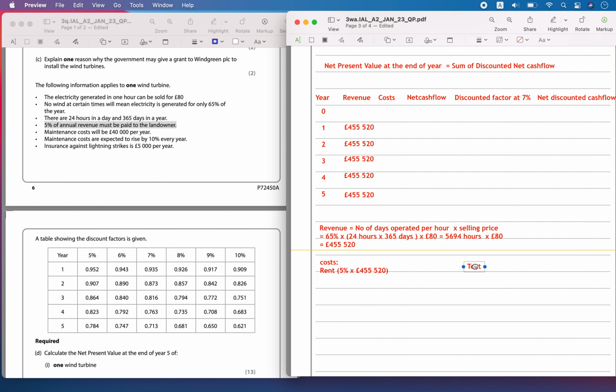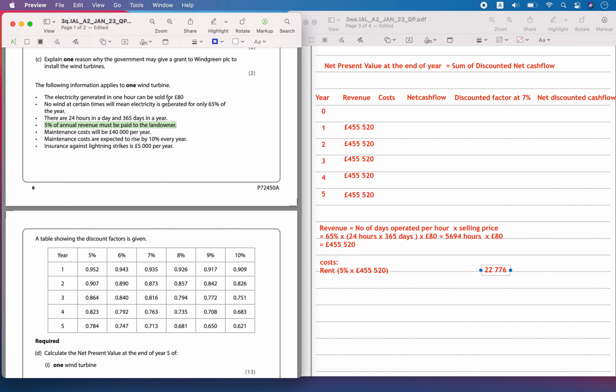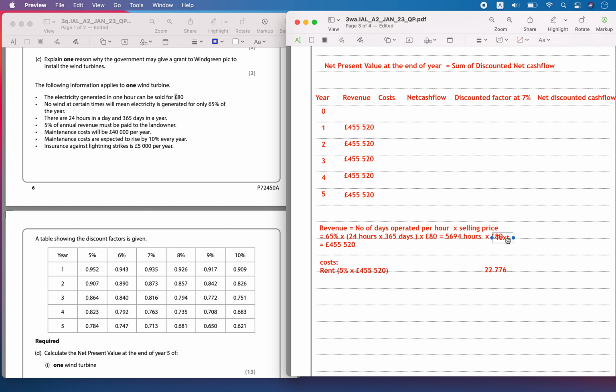So the value is going to be equal to 5% of 455,520, which is 22,776.